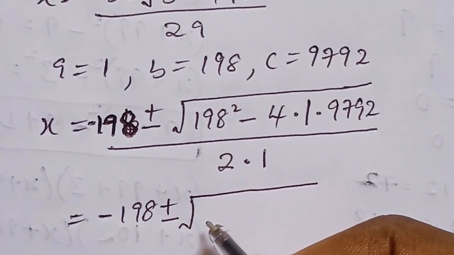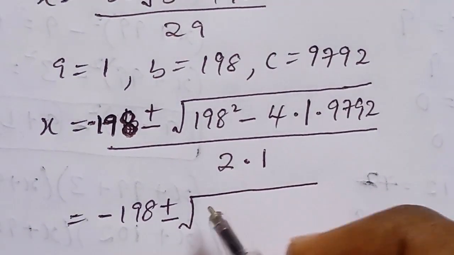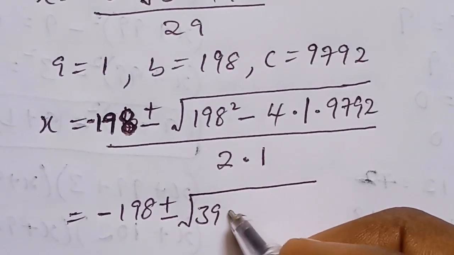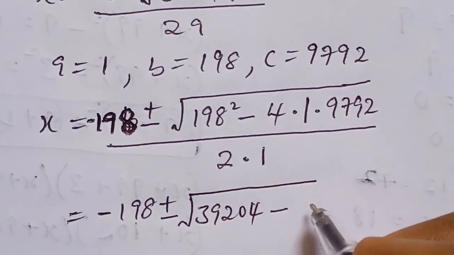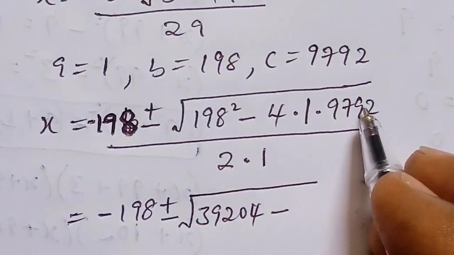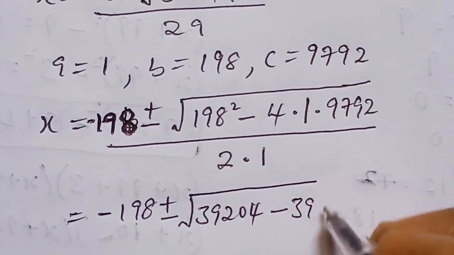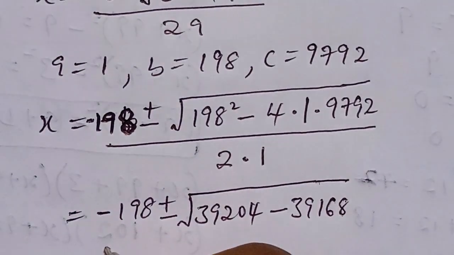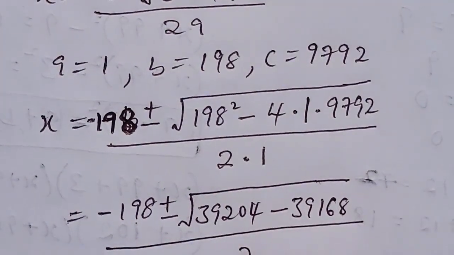So if we simplify what we have over here, then we have 39204 minus the whole of this 39168 all over 2.